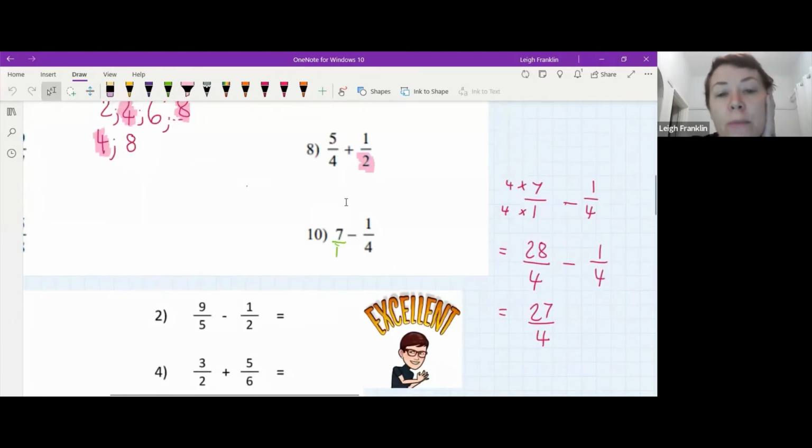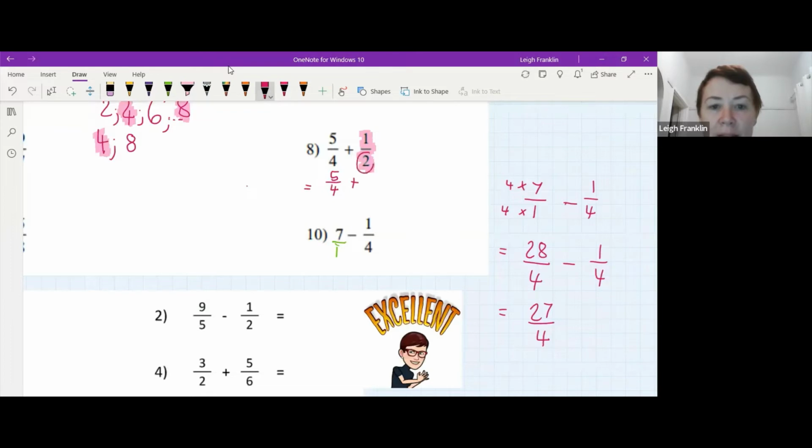So the only fraction that we need to change and give it a denominator of 4 is this one over here. Okay, so what we're going to do is this. We've decided that we're going to use 4 as our lowest common denominator. So 5 over 4 will stay as 5 over 4.